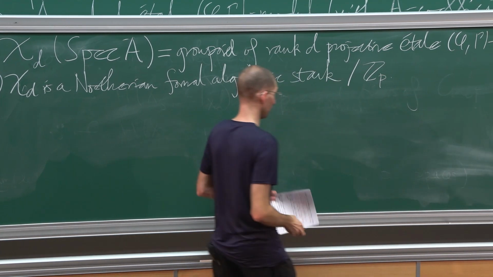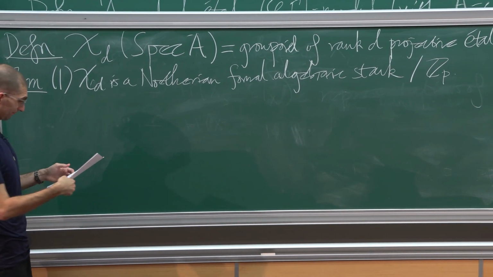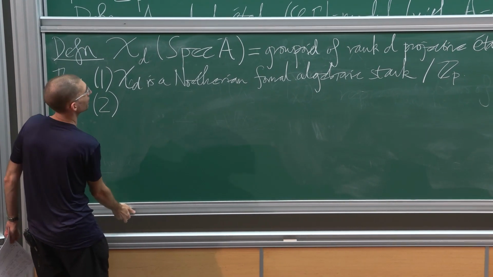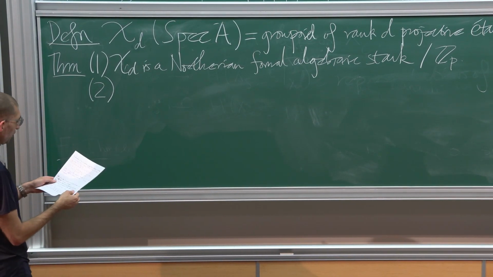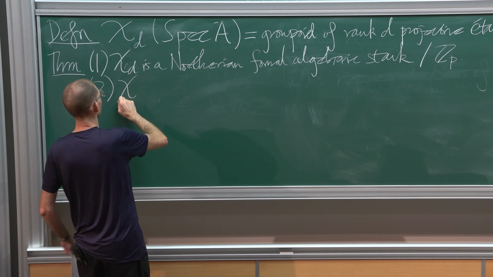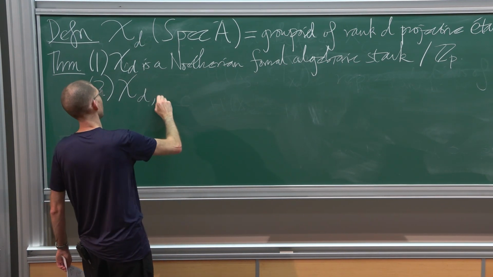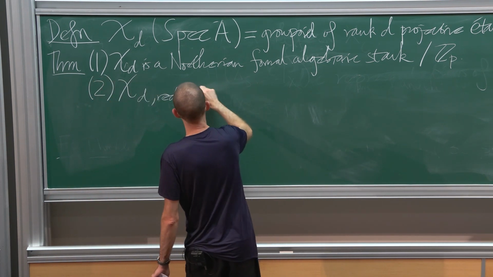It's over Z_p by definition. I should say it doesn't have the p-adic topology; it's more formal than that. And the consequence is that I'm now going to tell you a little bit about the underlying reduced substack, and then about the thing itself, and you're going to see a bit of a difference. So the underlying reduced substack is equidimensional.